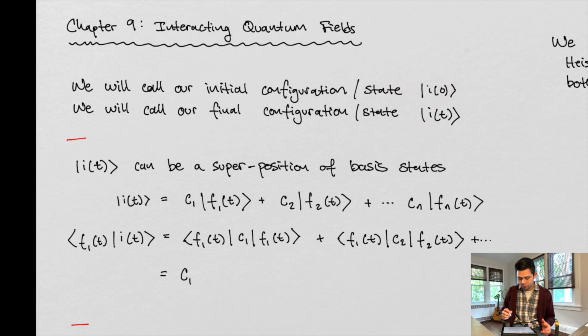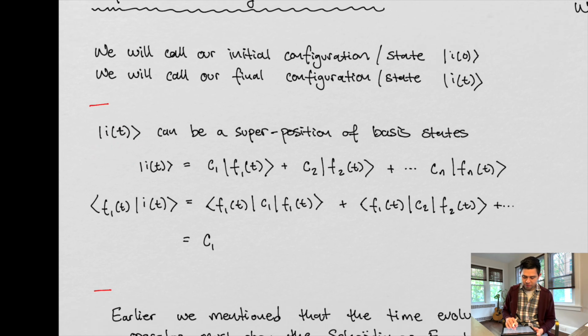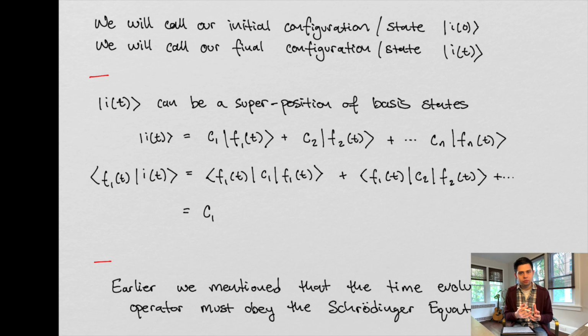Okay, and now what can we do with these, right? Well, this initial configuration can be a superposition of basis states, suppose, right? So if we think of this as a vector in some 3D space or 4D space or 5D space, the way you describe that vector is through weighted sums of the basis vectors, right?